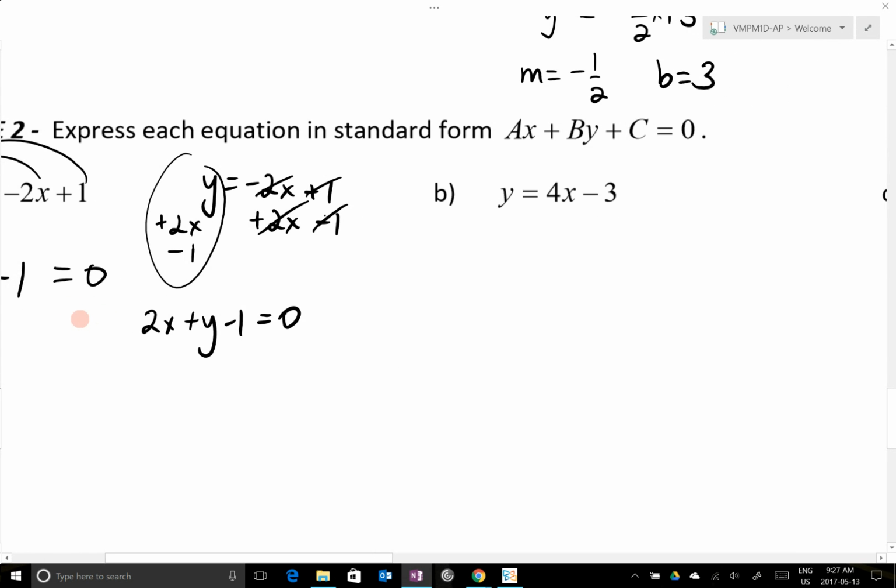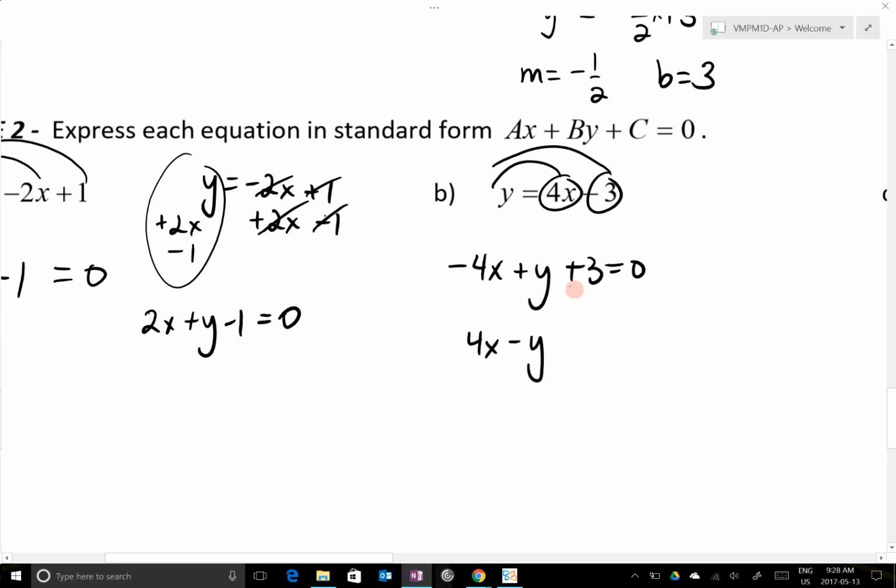Okay, so for part B, same idea. Let's move everything over. So I have minus 4x plus y plus 3 equals 0. But I don't want the negative coefficient in front of x. I don't like fractions, and I don't like that negative coefficient in front of x. So what I have to do is multiply everything by negative 1. And if you multiply everything by negative 1, you get positive 4x. The signs basically change. So I have minus y and then minus 3 equals 0. 0 times negative 1 is still 0.